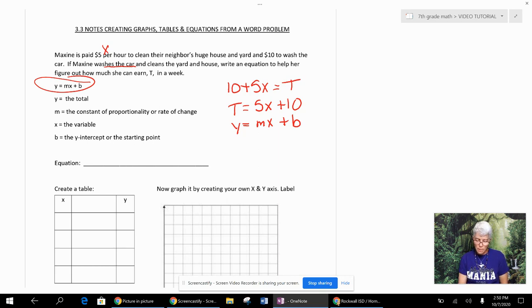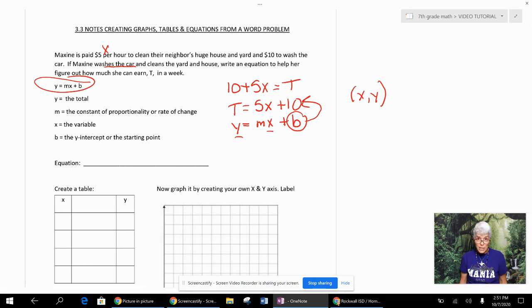Now, as we've talked about, B, which in this case is 10, is our y-intercept or our starting point. If you notice here, there's an x and a y. X and y, we will use those to create ordered pairs.